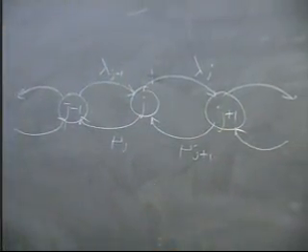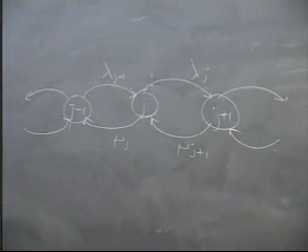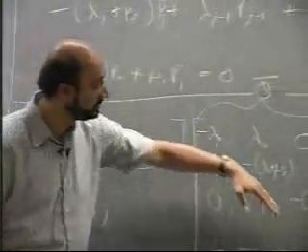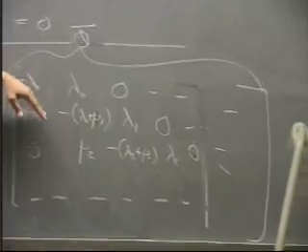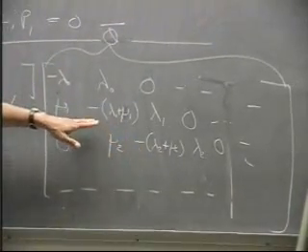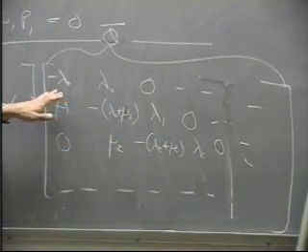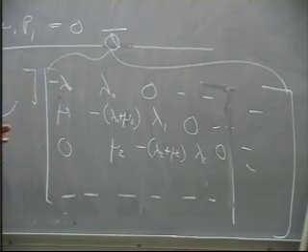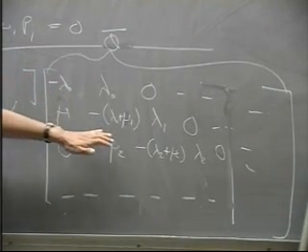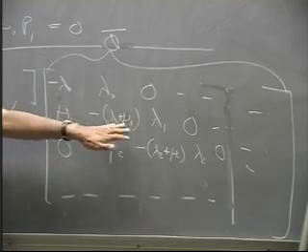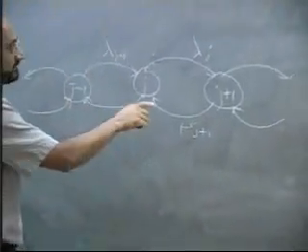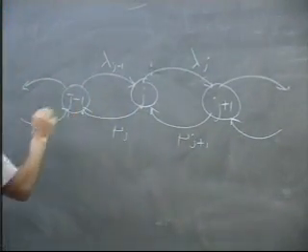So just look at a fragment of the chain over here. If you look at the diagonal matrix elements, if you number it starting from 0, the diagonal elements are nothing more than minus (lambda j plus mu j). This is just the negative of the quantities that are leaving a particular state.